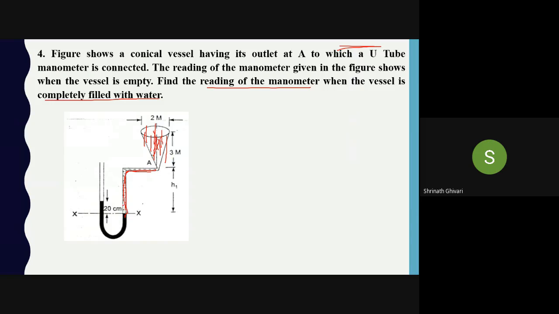So what will happen if I go on applying pressure on this, whether there will be a rise or fall on the right limb? Rise of water. Right. In mercury, what will happen? On the left limb. Sorry, on the right limb. Rise, sir. Slightly rise, sir. Decrease.